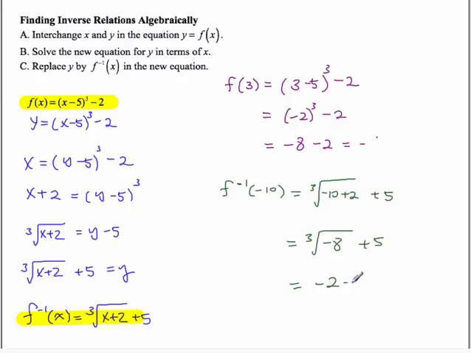And that would be negative 2 plus 5, which is 3. So hopefully this helps you understand what this inverse function does. If I asked, what is f inverse of 7? Then you have to think about what the x value was such that I got 7 for the y value in the original function. So that's what that means.